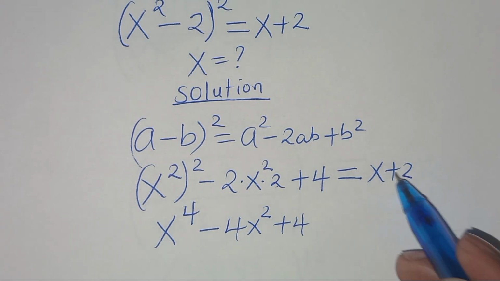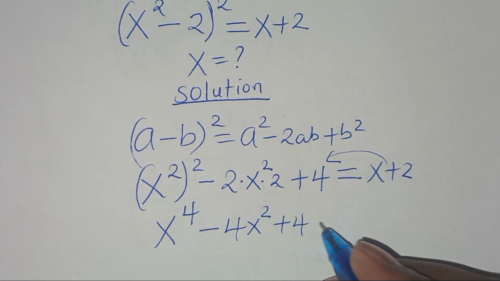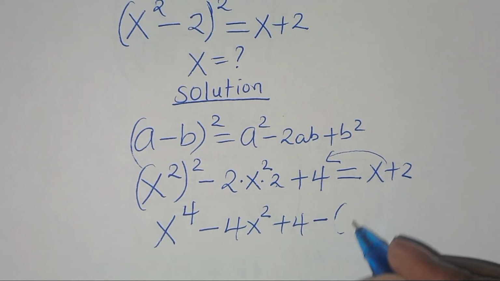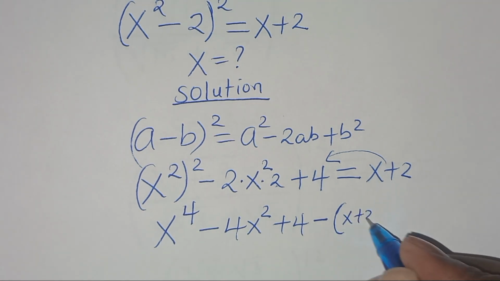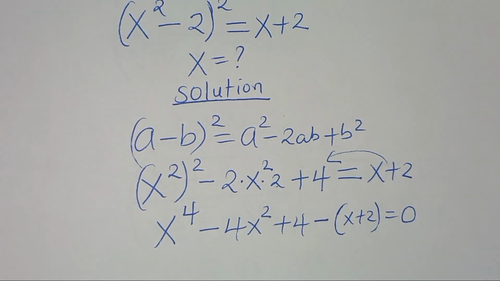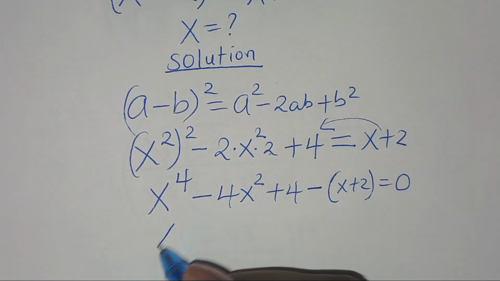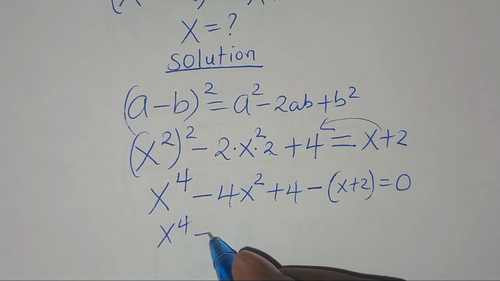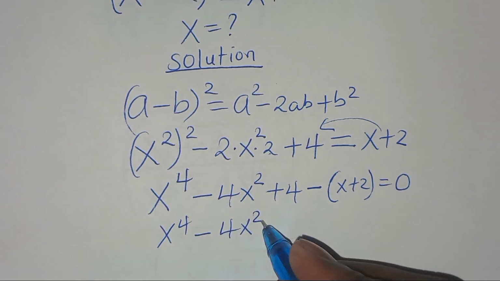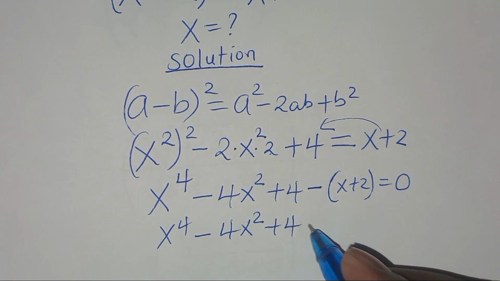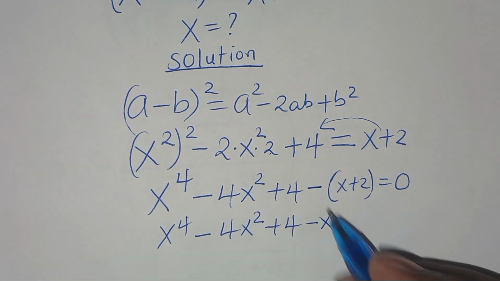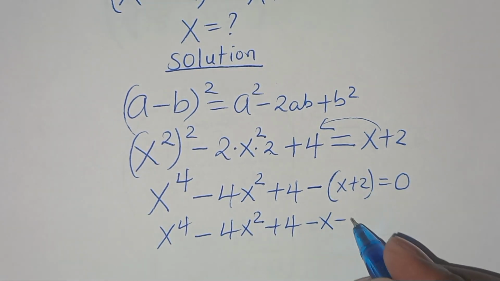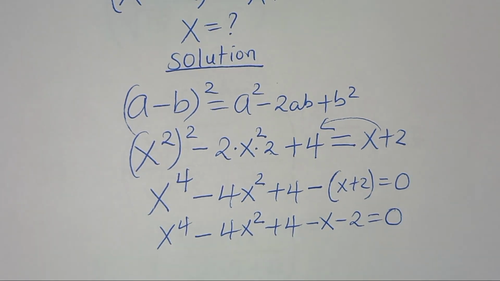Now let's take x + 2 to the left hand side. So this is minus (x + 2), equal to 0. Now here we have x^4 subtract 4x^2, then plus 4, subtract x, then minus 2, this is equal to 0.